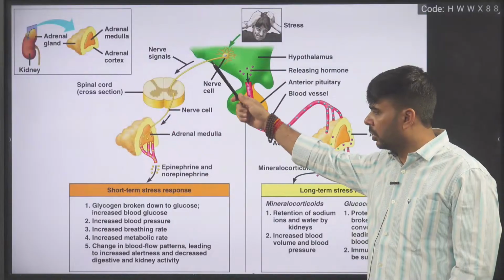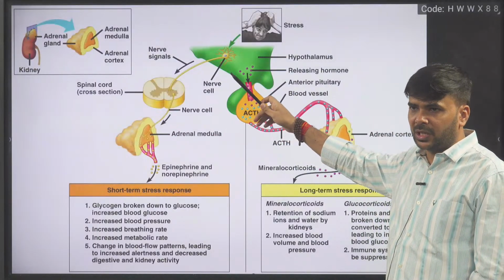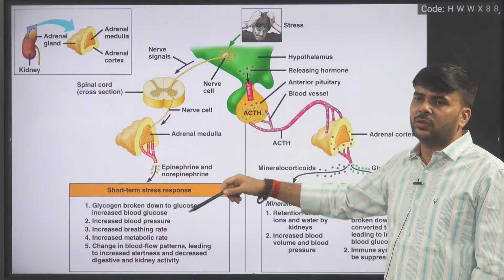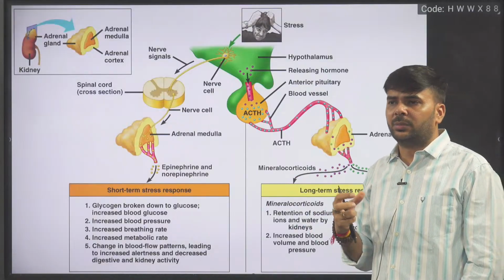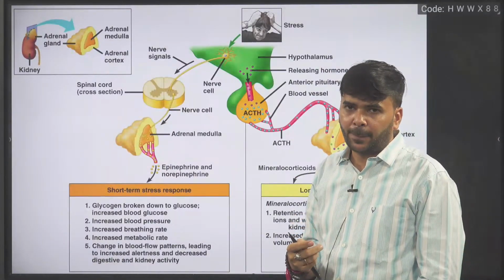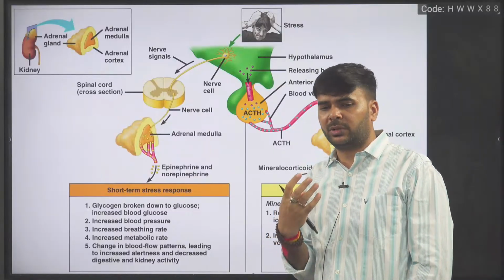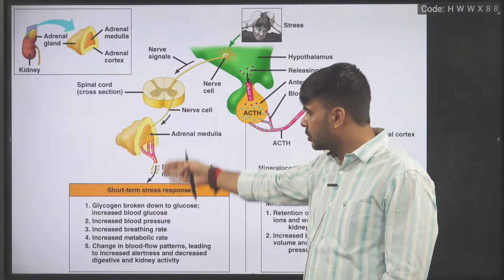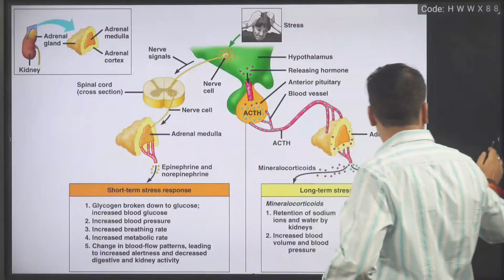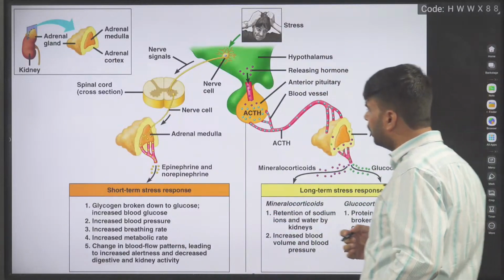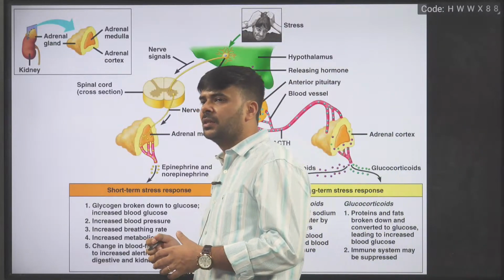Here is the long-term stress and short-term stress classification. Short-term stress is when you are under 10 or 20 minutes of stress, like exam fear in the exam hall, or when you did something wrong and your parents are scolding you. Which hormone is responsible for short-term stress?